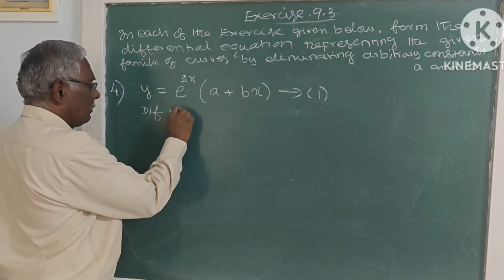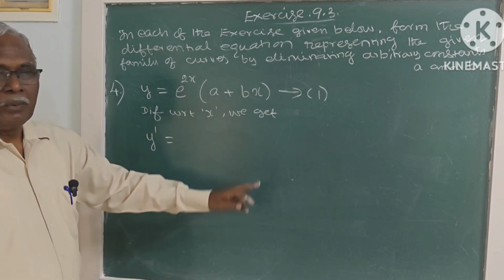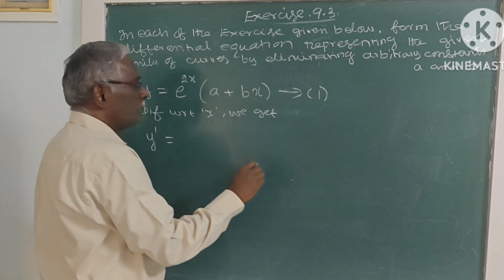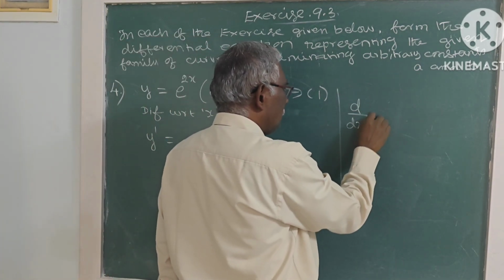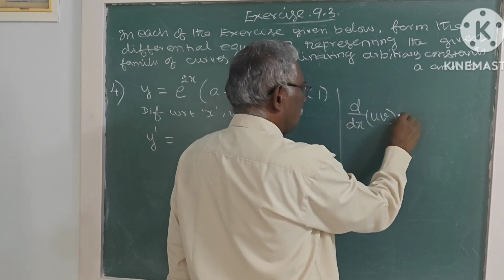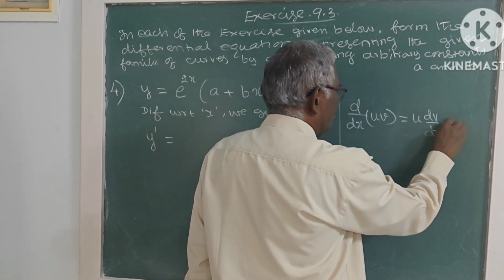Differentiate with respect to x, we get dy by dx is e power 2x into (a plus bx), in uv form. d by dx of uv is equal to u into dv by dx plus v into du by dx.